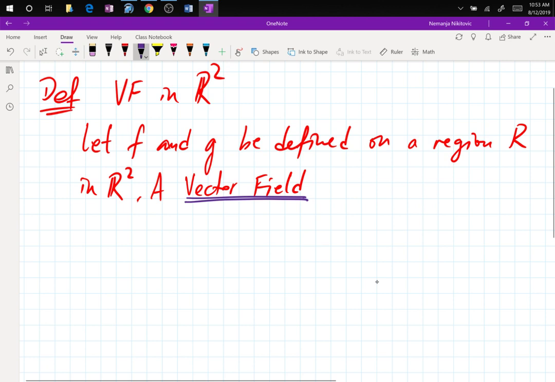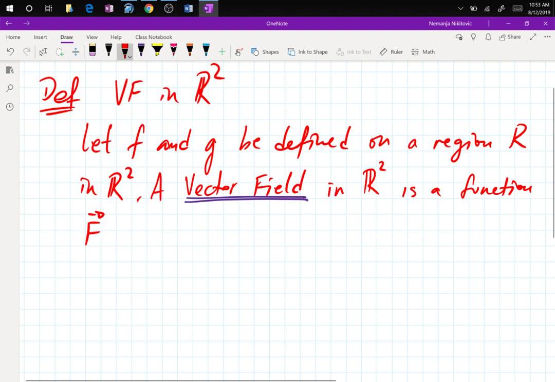A vector field in R2, there will be another one for R3, is a function, and guys, we are using capital F with the arrow on top. You will distinguish between the vectors, which have lowercase, single vector, and vector fields, which consist of billions or infinitely many, by capital F.